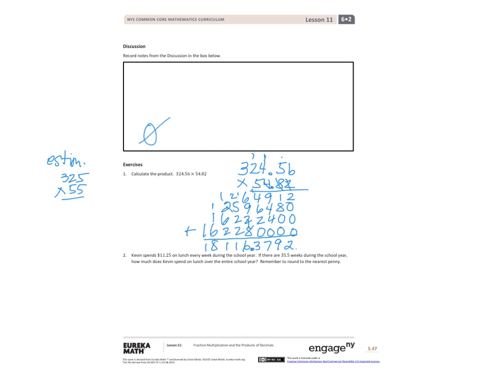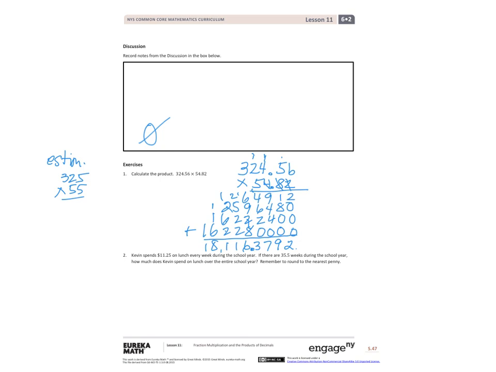So I have a final answer. And I may need to double check my work. But calculating, I have 18,116 and 3,792 thousandths.